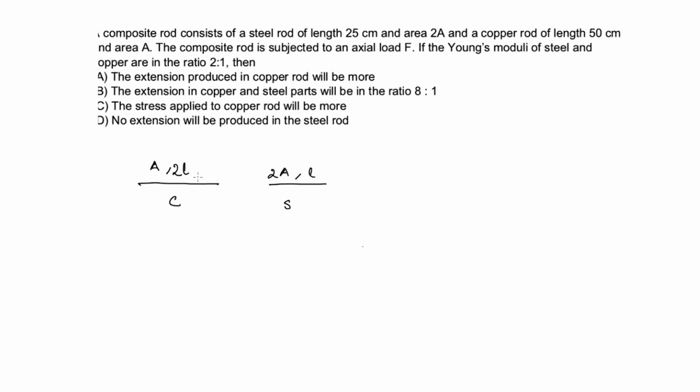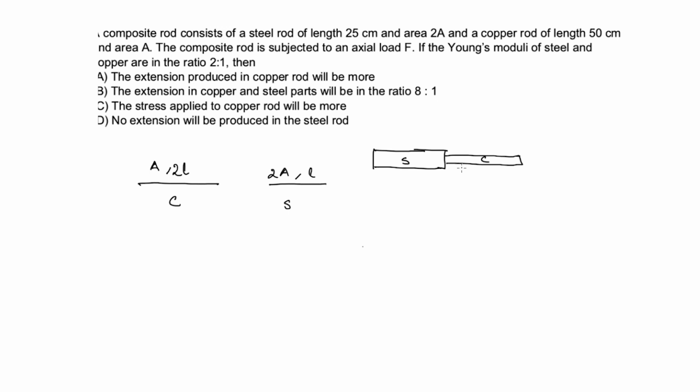The composite rod is subjected to an axial load F. Okay, so the rods are copper and steel, they are made like this. This is say steel and it is copper.